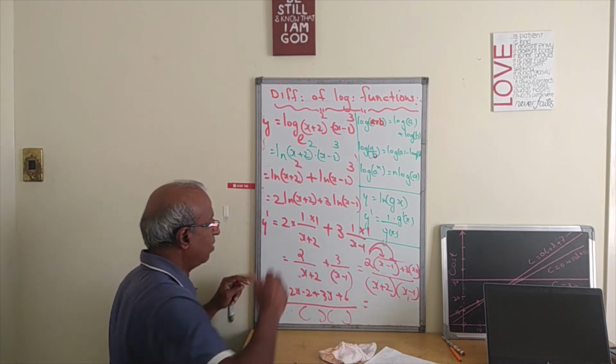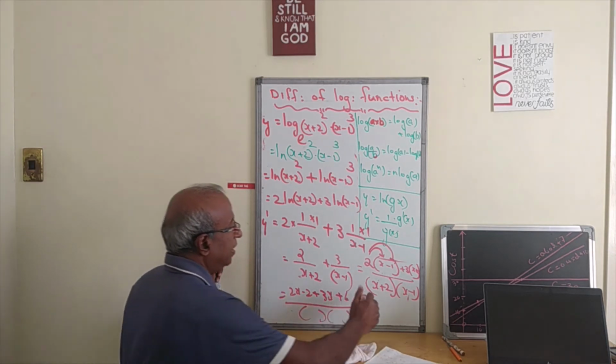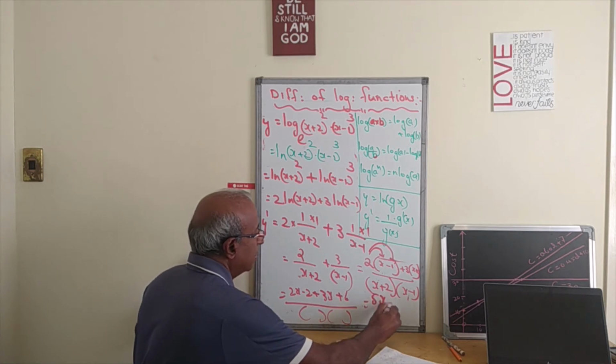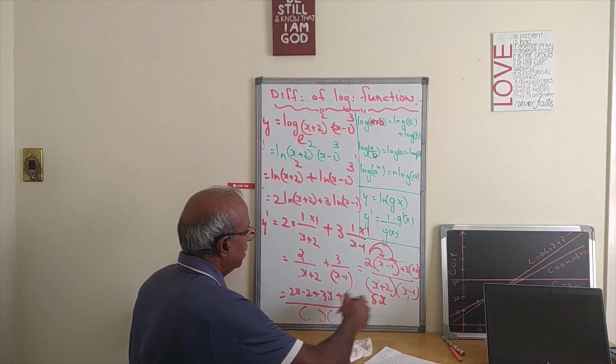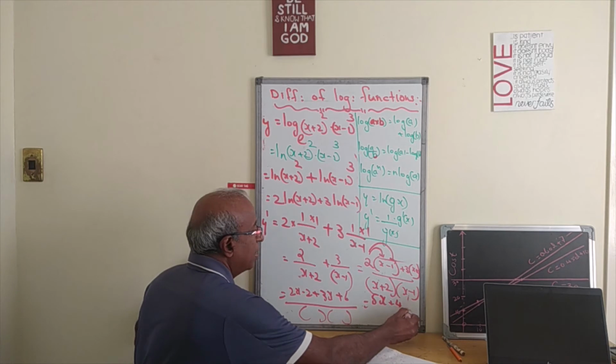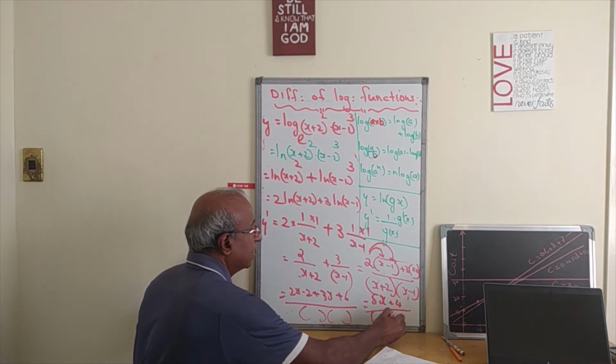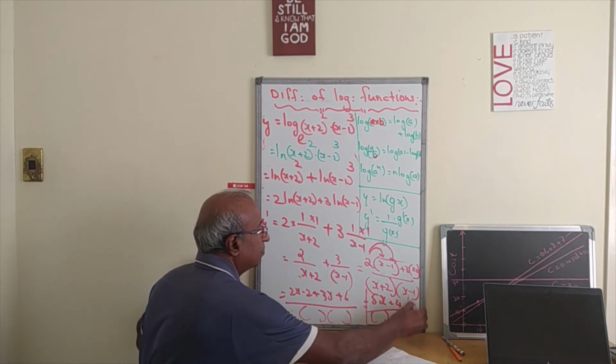Let's simplify the numerator. 2x plus 3x is 5x, minus 2 plus 6 is plus 4, divided by those two brackets. That is the answer.